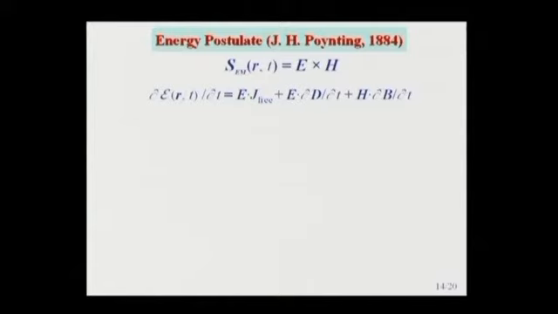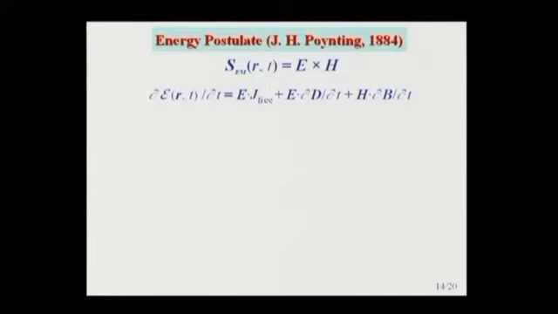E dot dD/dt tells you how the energy goes into the electric field, and also how the electric field puts energy into the electric dipoles, or takes energy out of them. This one tells you how the fields interact with the magnetic dipoles, taking energy in and out of them.